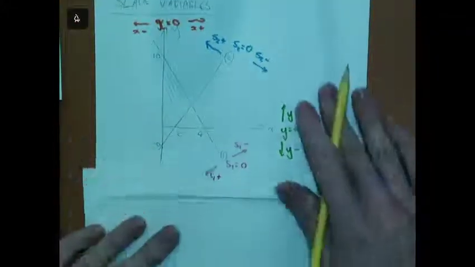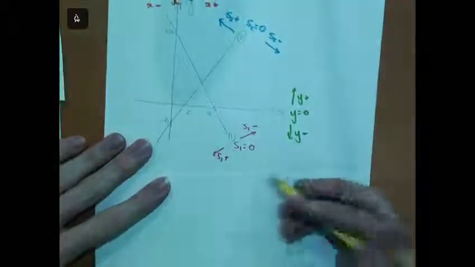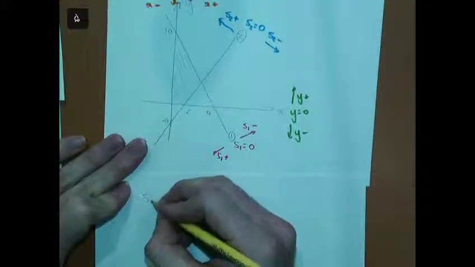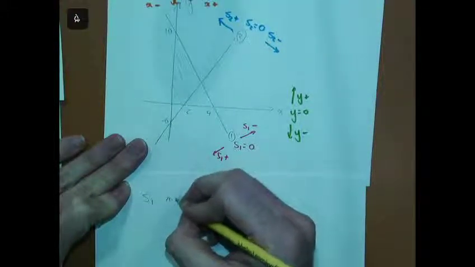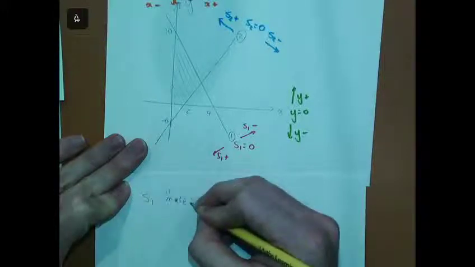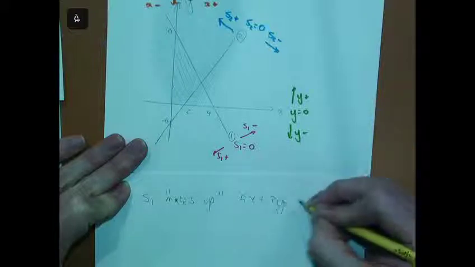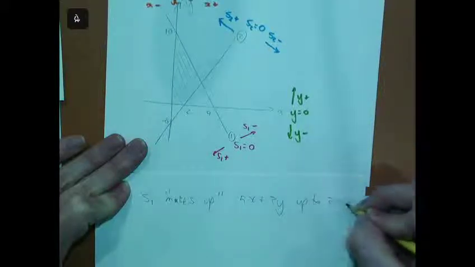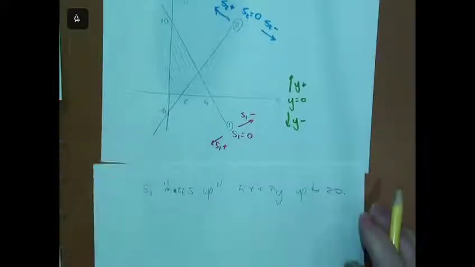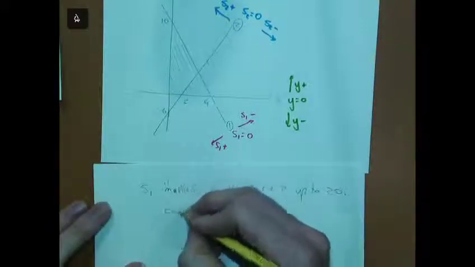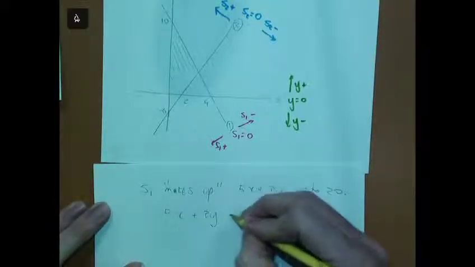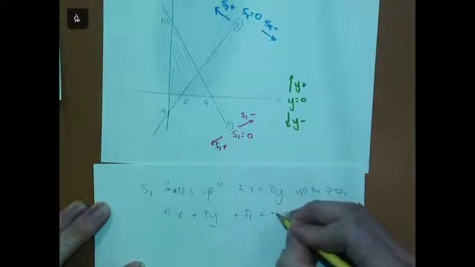So what I'm going to do is say that slack variable number 1 makes up 5x plus 2y up to 20. So 5x plus 2y plus a bit left over is 20.